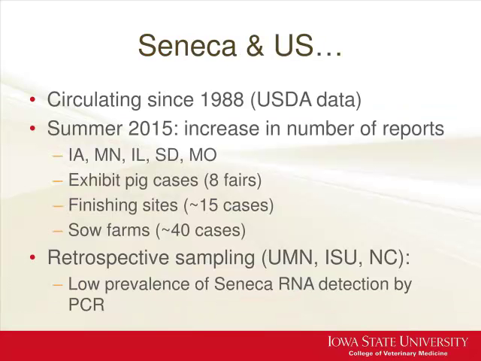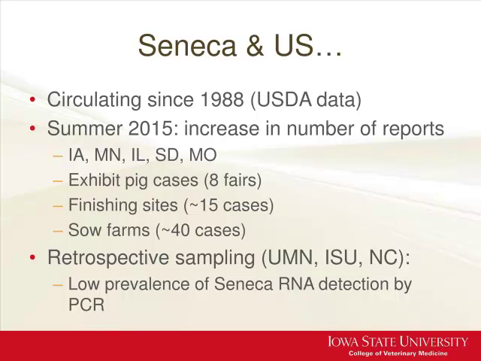We know that Seneca has been circulating in the US since at least 1988, as far as the USDA records show. And this summer, in 2015, there is an increased number of reports in different states here in the Midwest, at least that we are aware of, between the cases from Iowa, from Minnesota, and talking to practitioners.